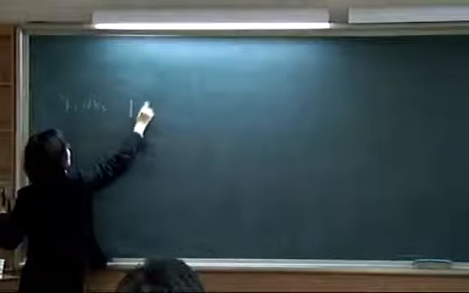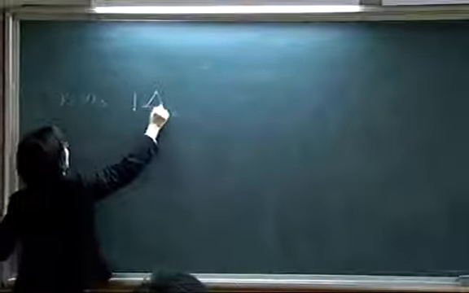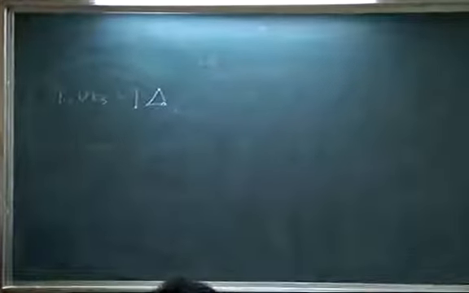Let me introduce some notation. When G and H are graphs, G union H means just the disjoint union of G and H. A simple example: if you have K_2 union K_3, that means just this kind of graph with 5 vertices and edges like this.